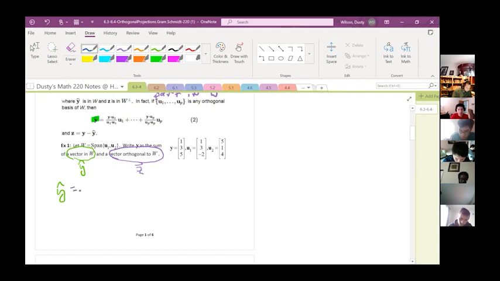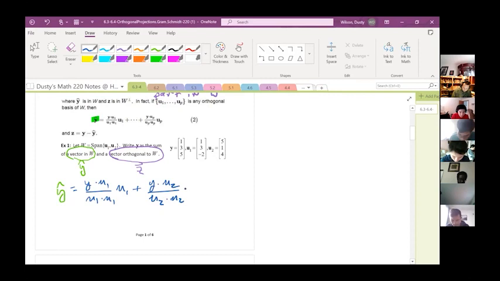Y hat is equal to Y dot U1 over U1 dot U1 times U1 plus Y dot U2 over U2 dot U2 times U2.